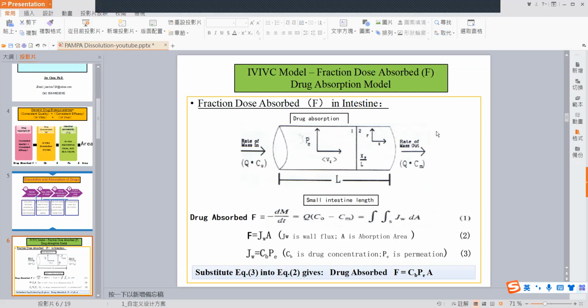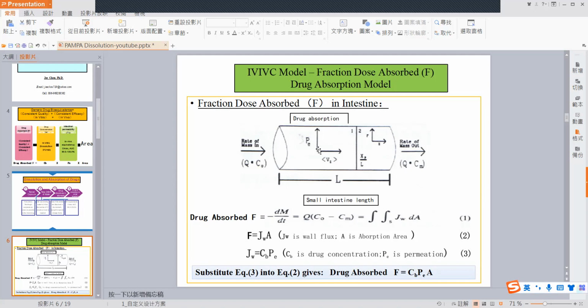Initially, as you can see from this figure, the tubing mimics the small intestine. It has a length of L and a drug mass rate in from the left side, Q times C0, and out is Q times Cn.